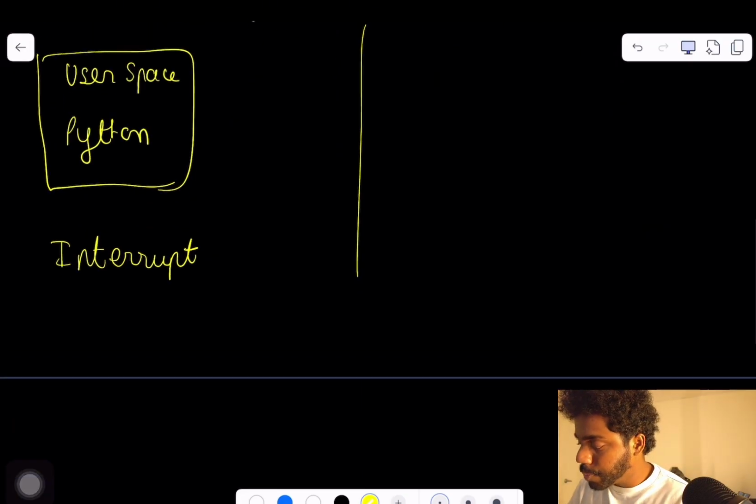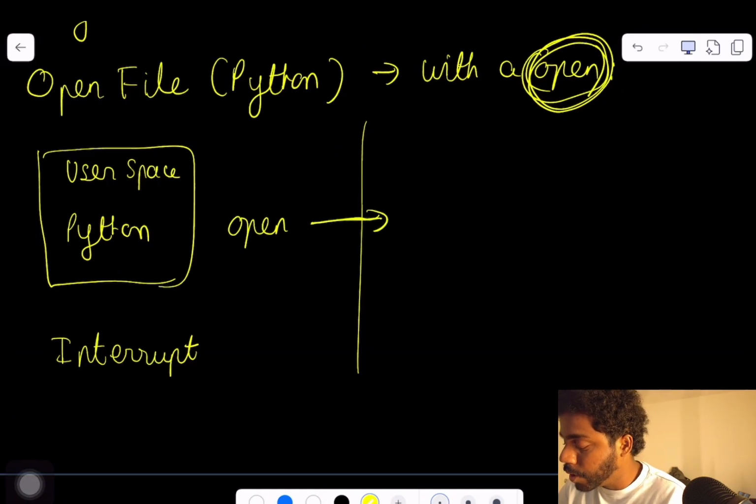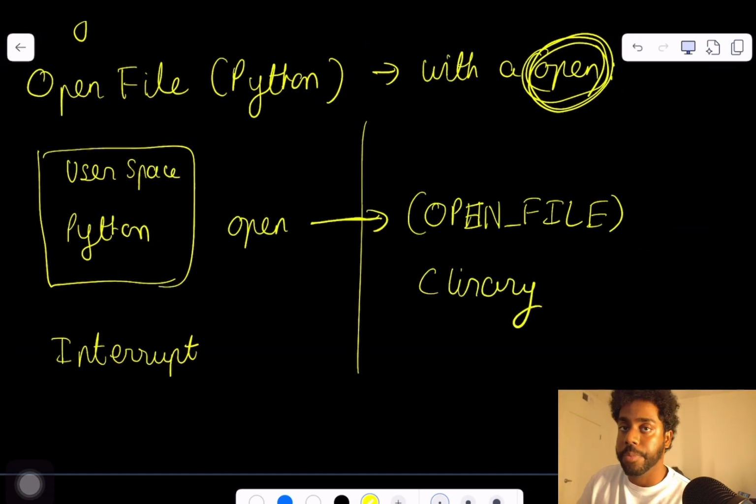Now, in this case, what you need to understand is that the open function internally makes a call to the open function that's defined in the C library, right? Because C is the ground level API that is used to communicate between your function, your machine and your assembly.